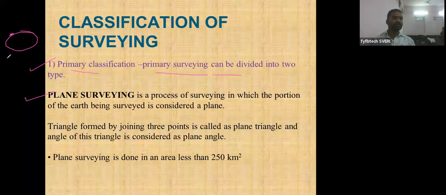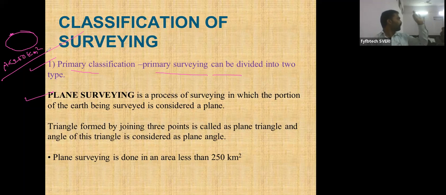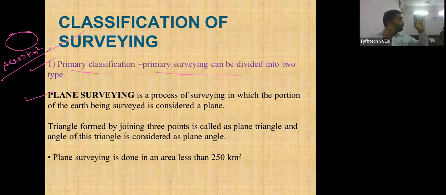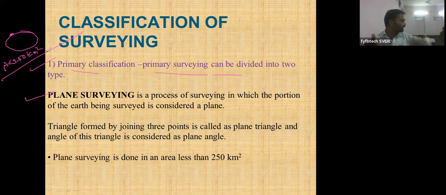If the plane area is less than 250 square kilometer, then that surveying is called plane surveying. If you are doing a survey beyond 250 square kilometer, then that surveying is called geodetic survey.